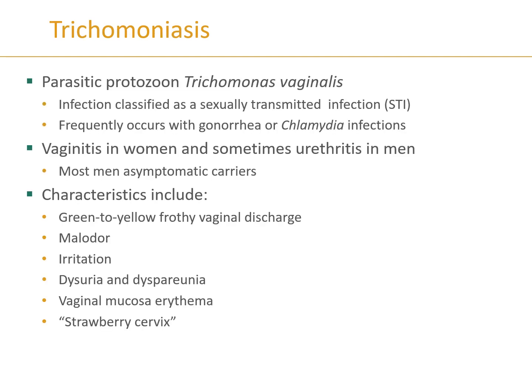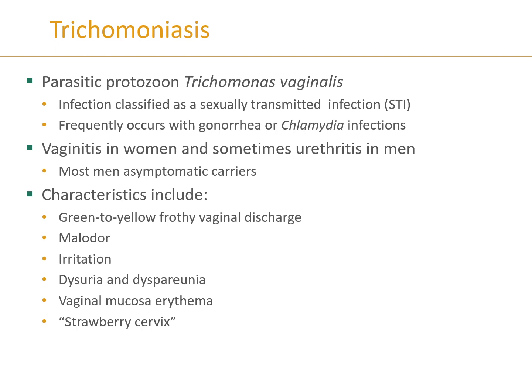Trichomonas infection is sexually transmitted, and it is often associated with other STDs. So if Trichomonas is present, it's not a bad idea for the clinician to go ahead and check for other STDs. Vaginitis in women, and sometimes urethritis in men, can be caused by Trichomonas.